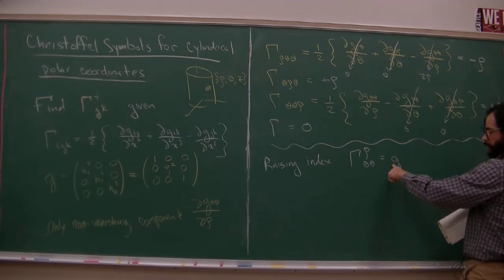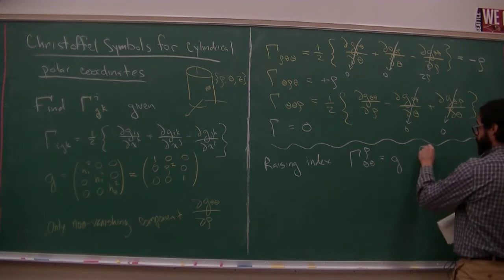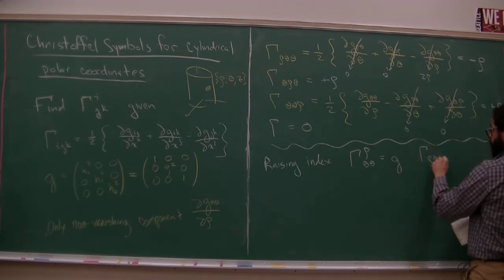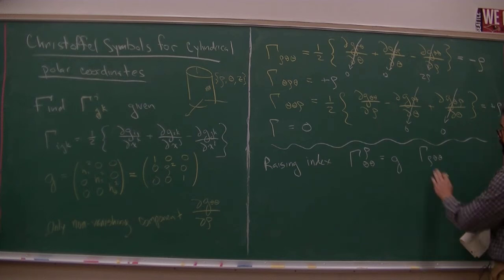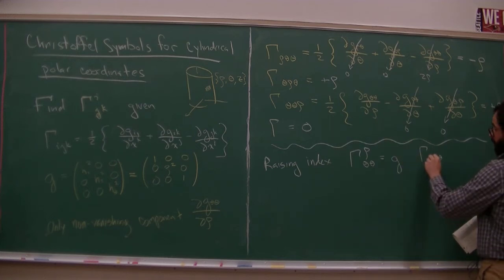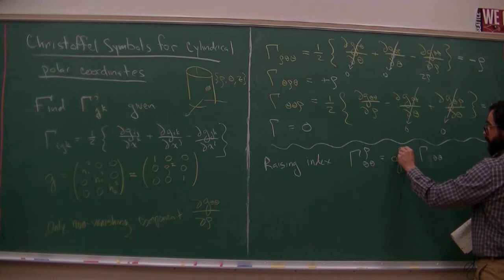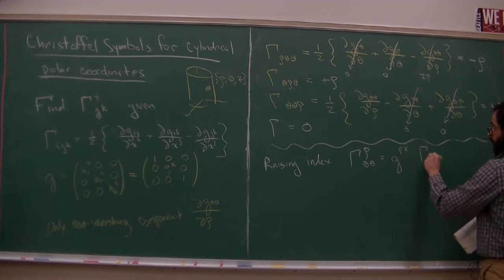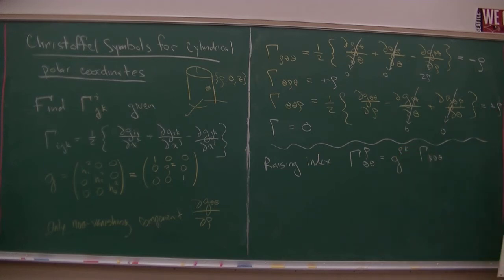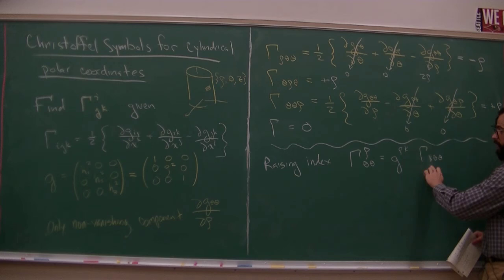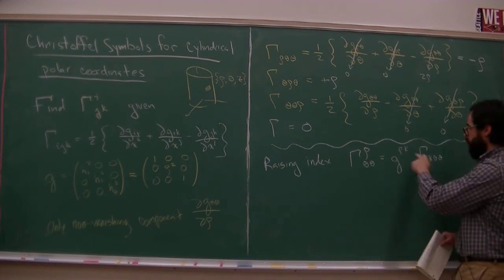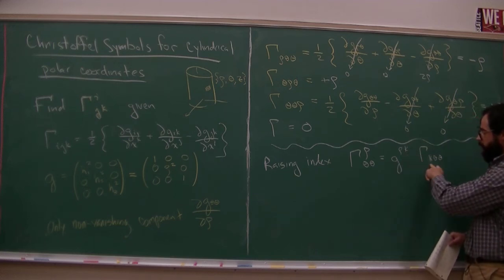I've got to raise and lower indices with the metric tensor. So I have this, right? In fact, I have all of these. And if I want to raise or lower an index, I'm going to need a dummy. So this is going to need a rho there, and we'll just put a k there, and we'll put a k there. So this gets Einstein summed over. I have a repeated index, 1 up and 1 down. So this is an implied sum over k.